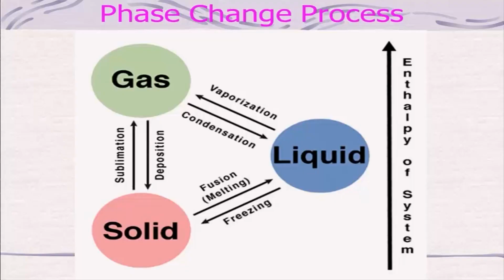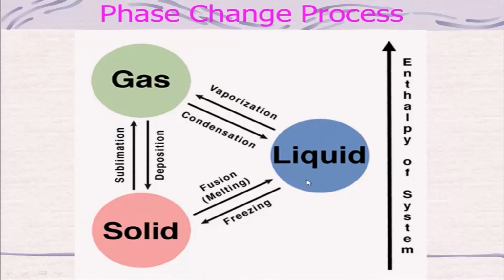And if you look at the overall picture, solids can be converted into gas when you supply heat, which is known as sublimation, and gas can be converted back into solid provided you extract the heat, the energy, from the gas. When you give heat energy to the solid, it melts into liquid, and we call it melting.